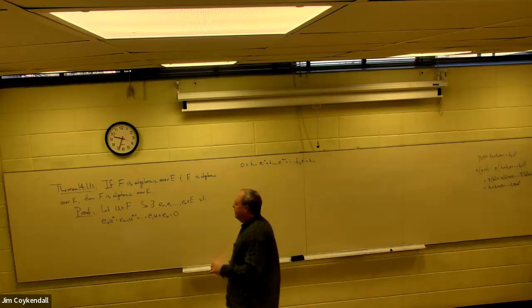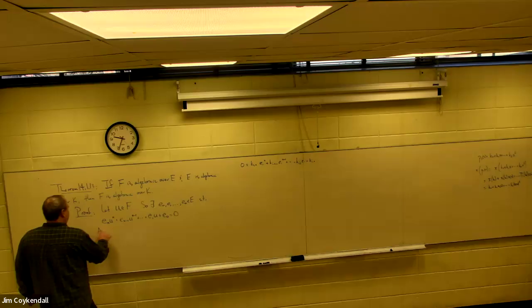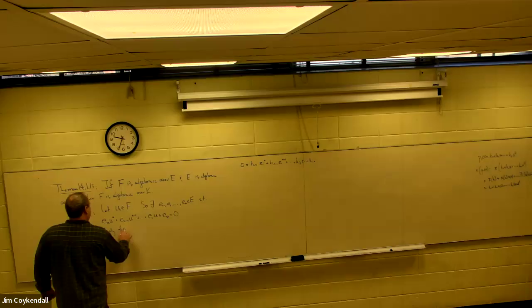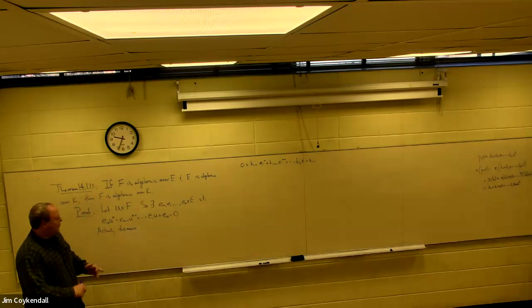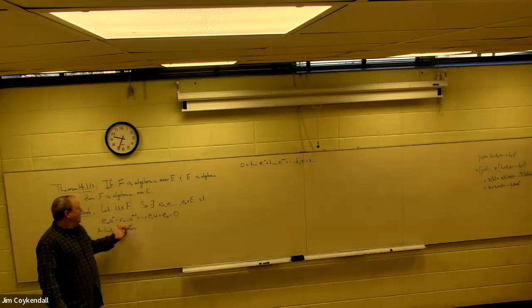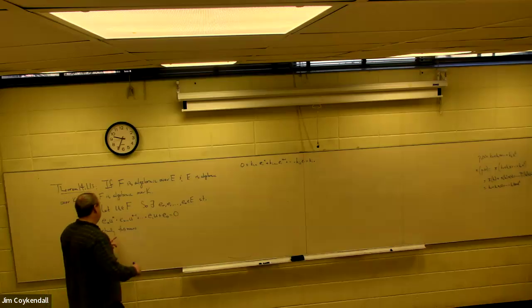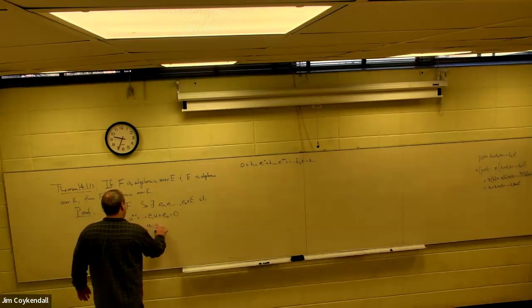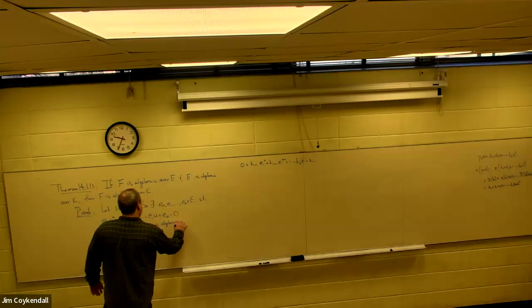Let me make a first observation. I can tighten the screws here. What do we know about u? It's algebraic over E. In fact, anything in F is algebraic over E. But I can tighten the screws the following way. This means that u is algebraic over K adjoined these coefficients.